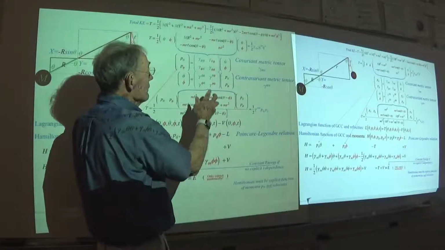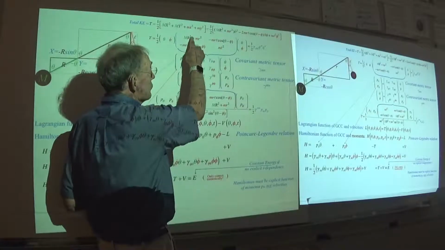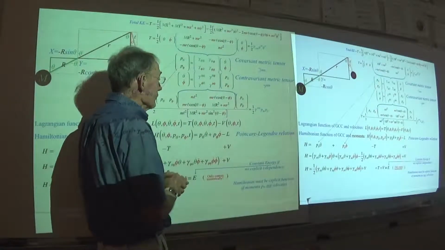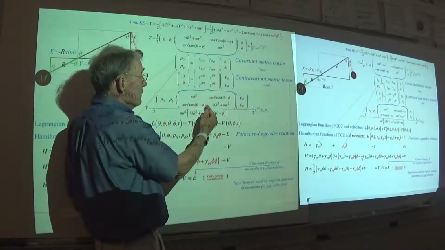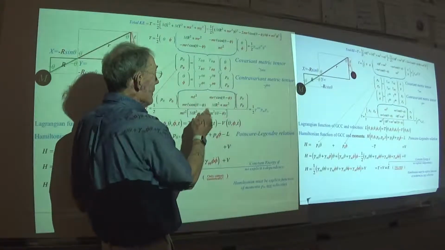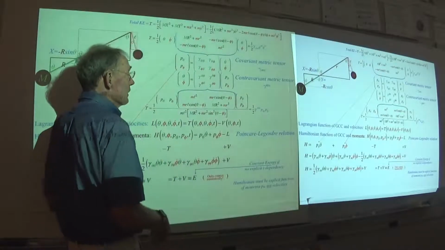So basically, a 2 by 2 inverse is no problem. Remember how you do that. You switch the diagonals, change the sign of the off diagonals, which happen to be equal in this case because the metric is always symmetric. But that then has to be divided by the determinant of the original covariant metric.